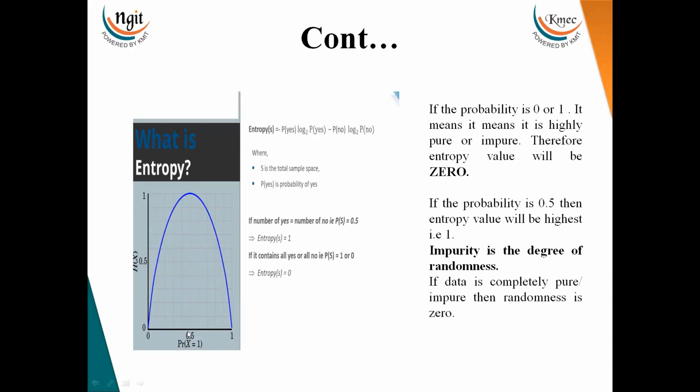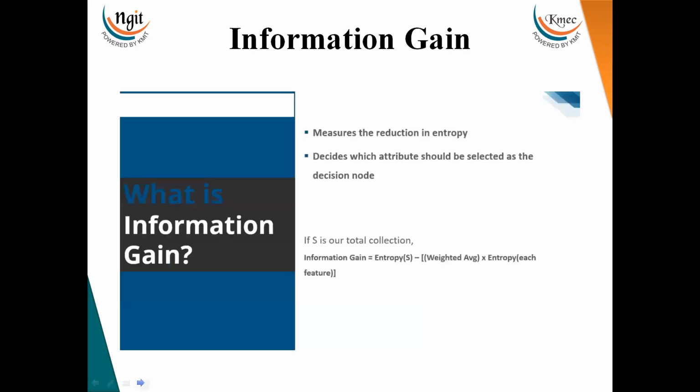If the probability is 0.5, then the entropy value is the highest, which is 1. So entropy represents the degree of randomness. If the data is completely pure or completely impure, then the randomness will be 0. I hope it is clear what entropy is.